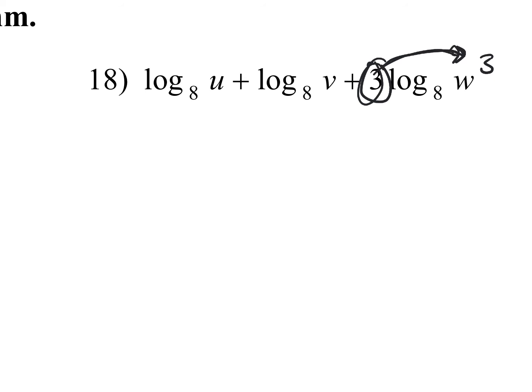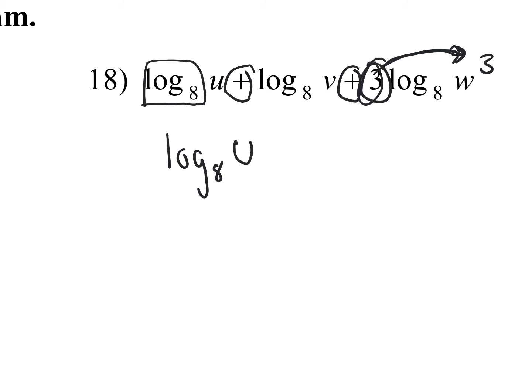Now we want to condense it. So if we are adding, what goes with addition to condense? Subtraction? No. Multiplication. So we're just going to multiply everything together and write it as a single log. Our log and our base stays the same and we only need one of them. Everything else, we multiply together. So u times v times w to the 3rd power.